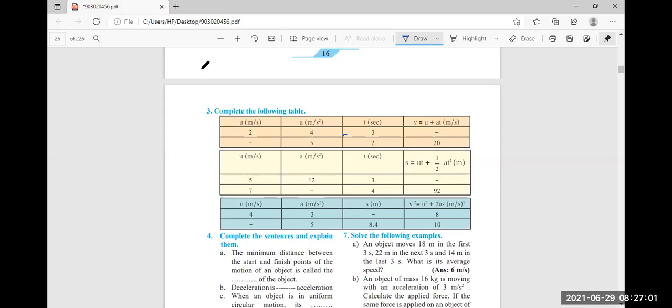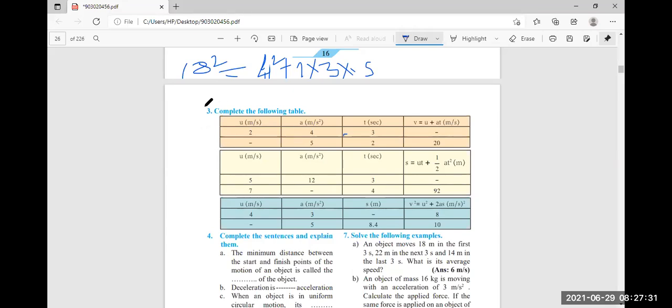V square means here you have to write 8 square. Like this, you can write 8 square is equal to U square, which means here 4 square, plus 2 into A, where A's value is given. What value do you have to find here? S, write as it is. Very simple.